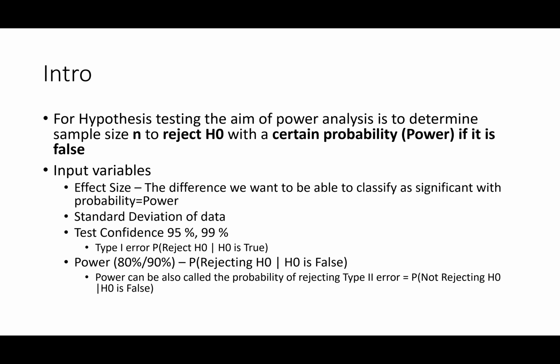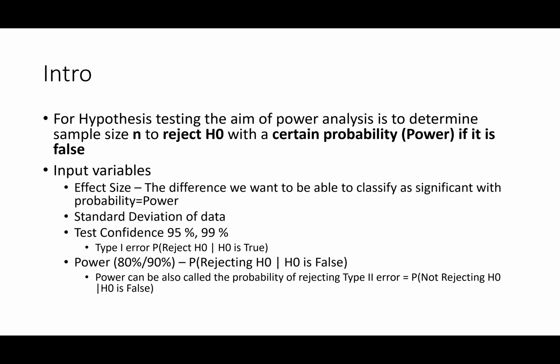What you need to know about this is that the larger the effect size, the easier it is to detect this null hypothesis being false, to detect the significant difference. And the smaller the effect, the harder it is to detect the significant difference.